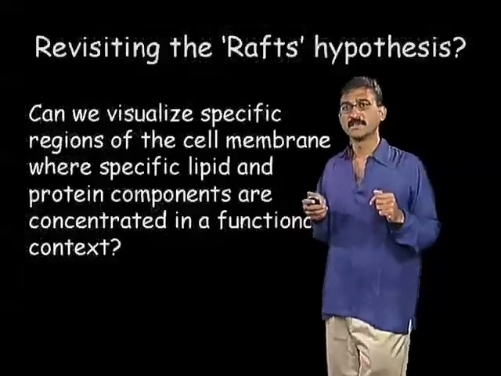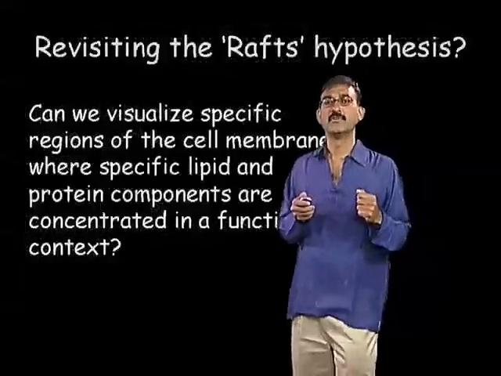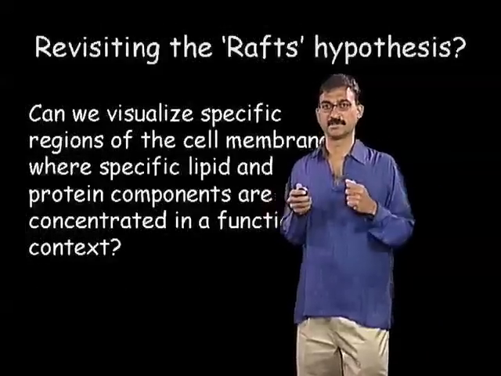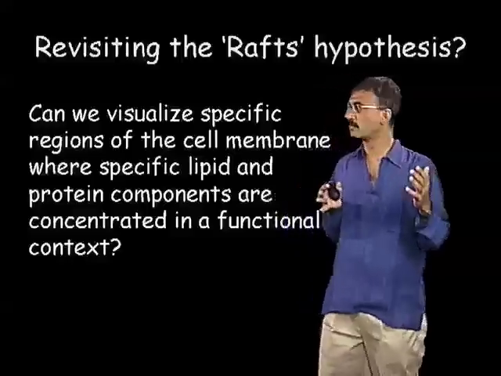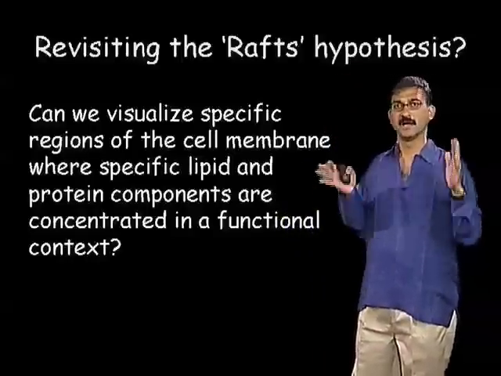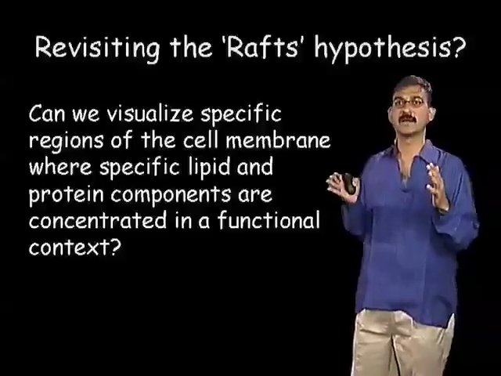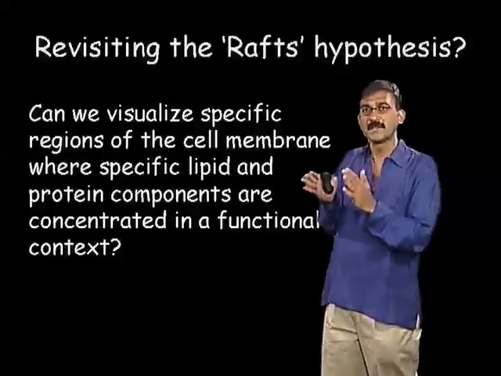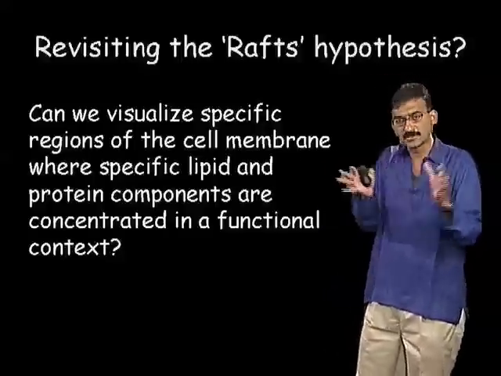So I think what is needed at this stage is to revisit this raft hypothesis. And I think the questions that we should be asking are, can we visualize specific regions of the cell membrane where lipids and protein components are concentrated?